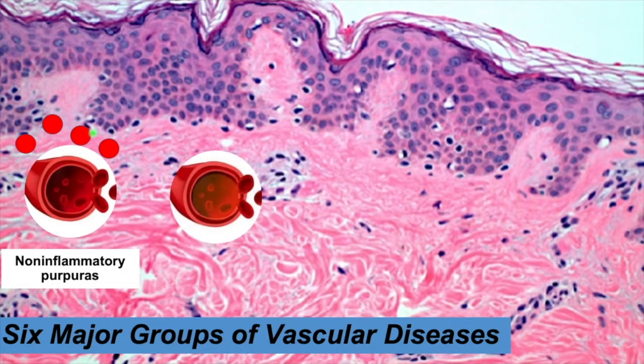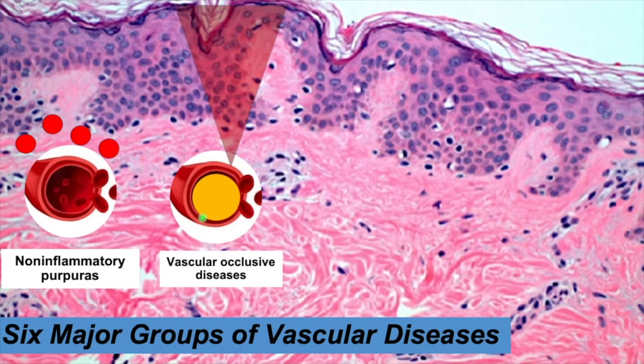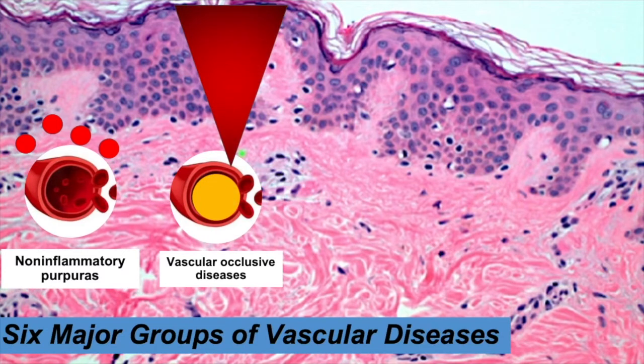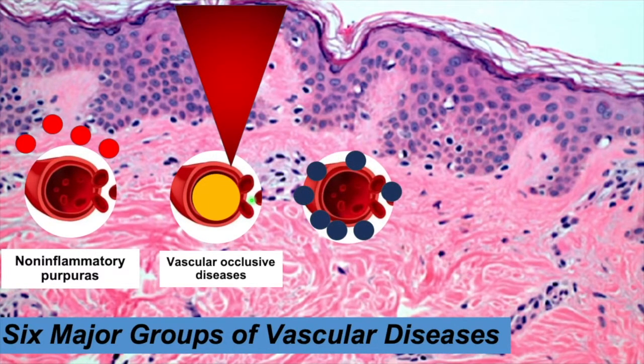The second type is when you see occlusion of the vessels, so we call it vascular occlusive diseases, and you will see necrosis, as we understand from physiology, that when you block the vessel you will see necrosis of the skin, and most commonly you will see a wedge-shaped pattern. The third pattern is the vasculitis, which is what we all know about vasculitis, inflammation of the vessel wall.